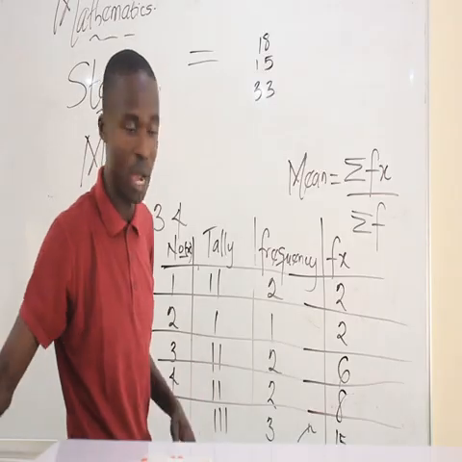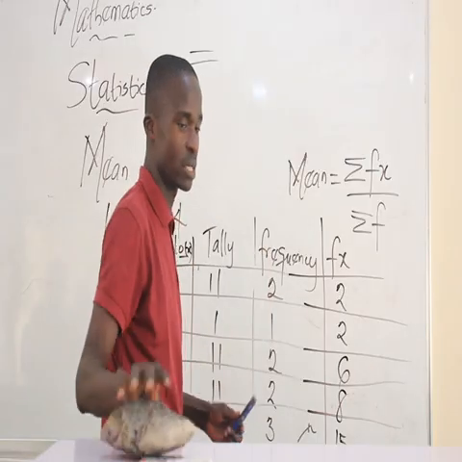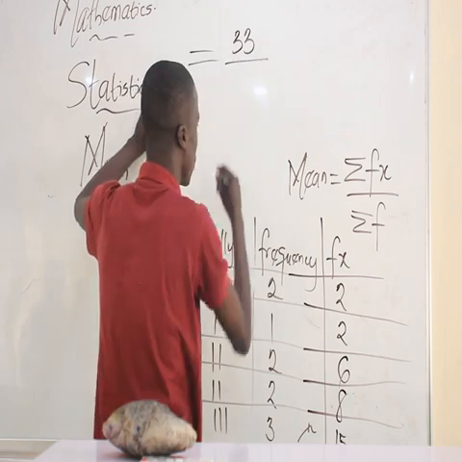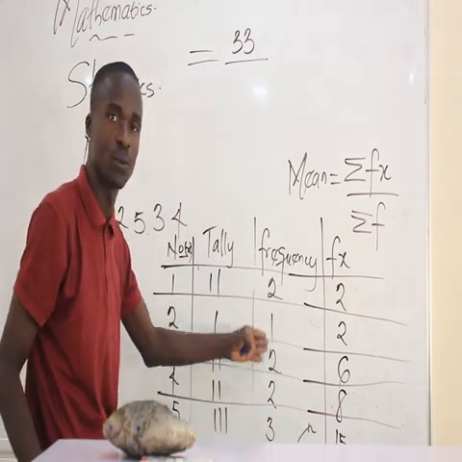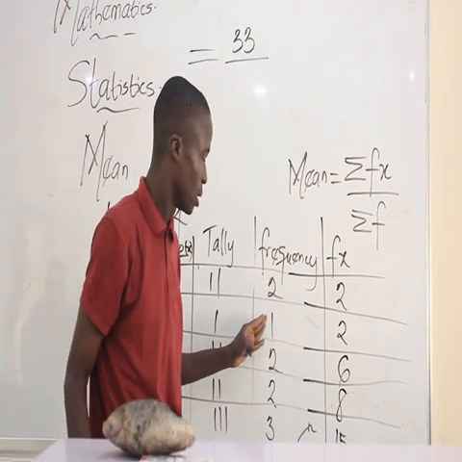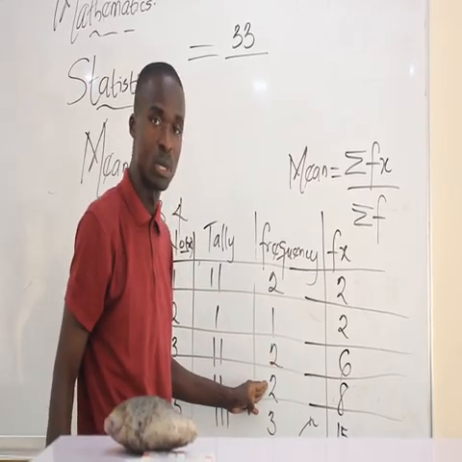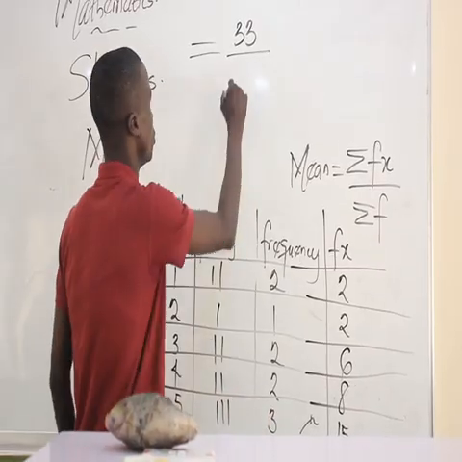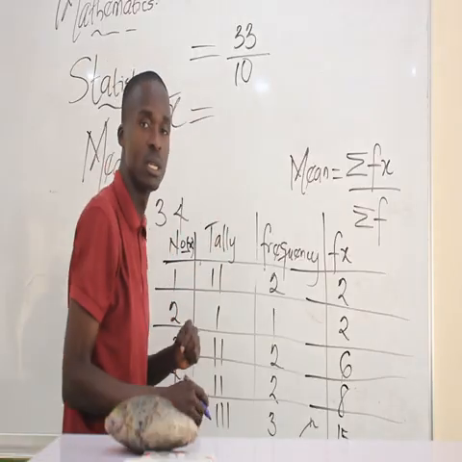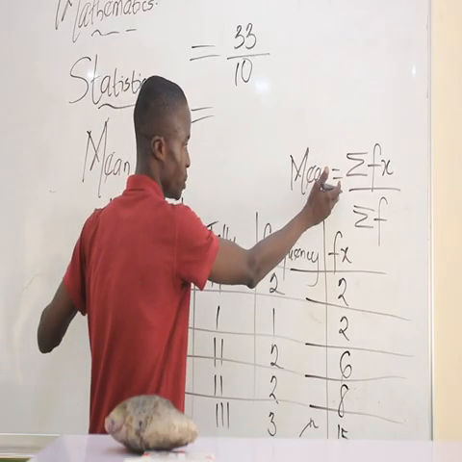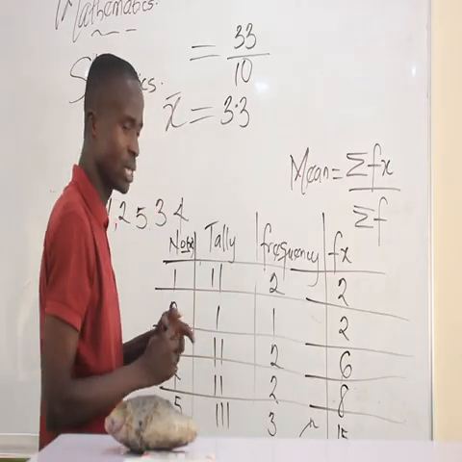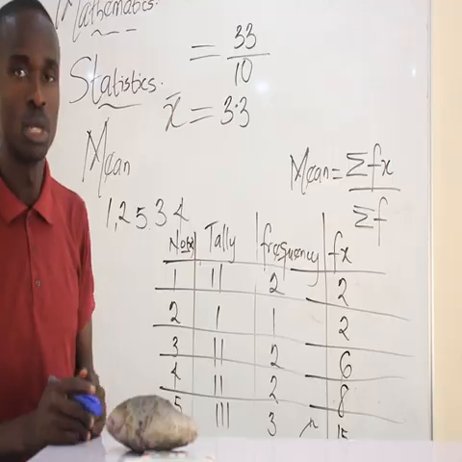So the sum of your f of x is 33, all over the sum of your f, that's your frequency. 2 plus 3, plus 2, plus 1, 3, plus 2, 5, plus 2, 7, plus 3, 10. So you have divided by 10. It means your mean when it comes to grouped data, tabular form, is 3.3.